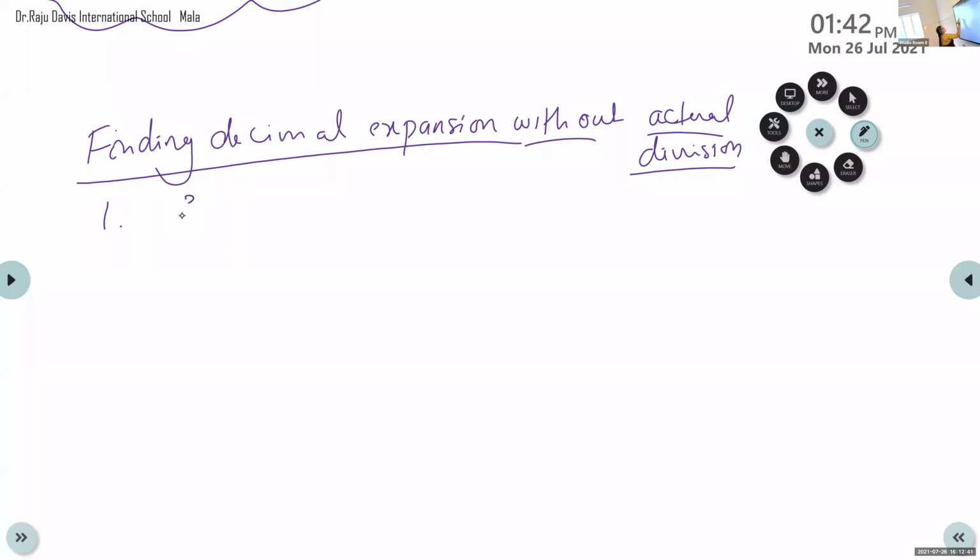3 by 8. Now write the denominator in the form of prime factors. 8 is 2 into 2 into 2, so 3 by 2 cube. Now we are going to bring out the power of 10 in the denominator. Here it is 2 cube, so 5 is not there. To bring 10, we need 5, since 5 into 2 is 10. So we will multiply both the numerator and denominator by 5 cube. Why 5 cube?